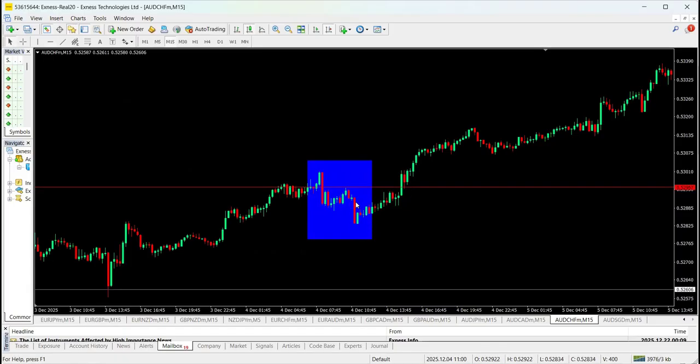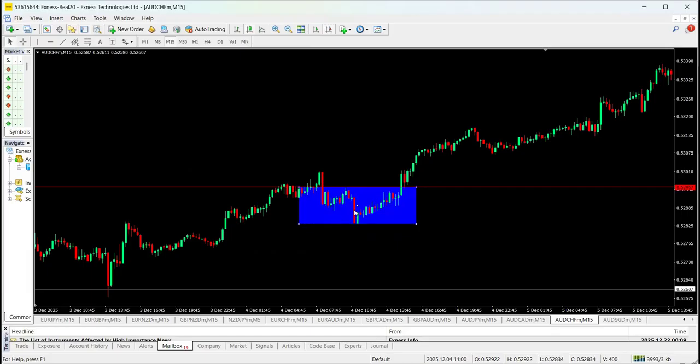And then you look down here, you see this overpowering. You see this engulfing, showing that sellers were very strong down here. However, buyers were stronger to come and overpower them. And then coupled with a change of character, right?